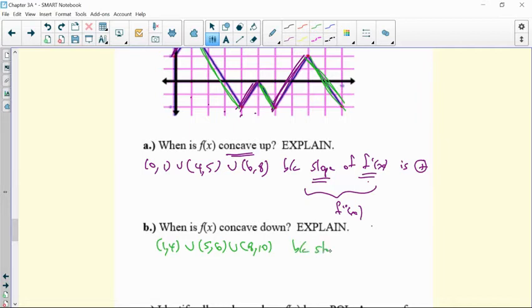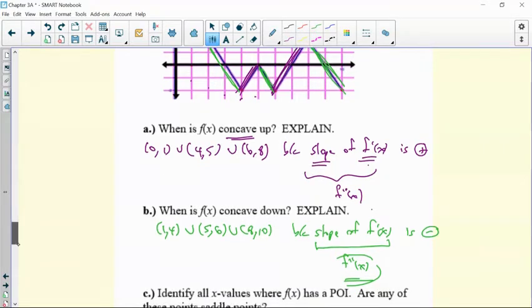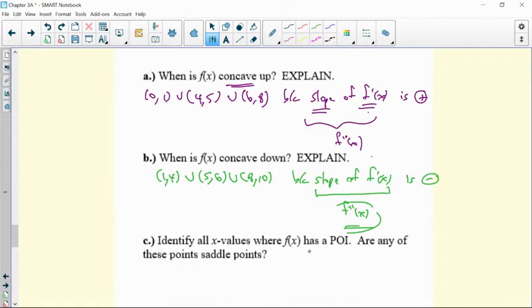Because the slope of f prime of x, which I can see, is negative. And again, the slope of f prime is how we're measuring the second derivative. We can't just say this. We have to interpret: how am I seeing f double prime? Oh, I'm seeing the slope of f prime. Awesome.